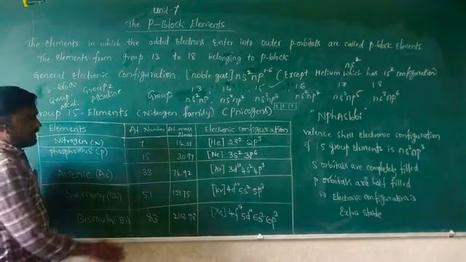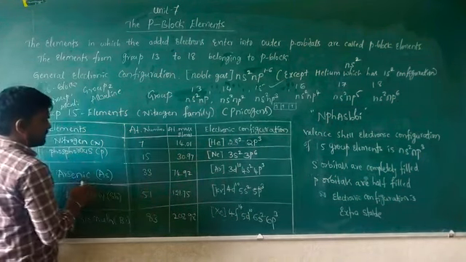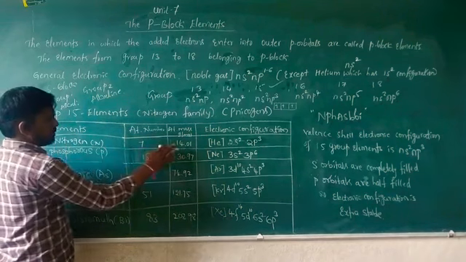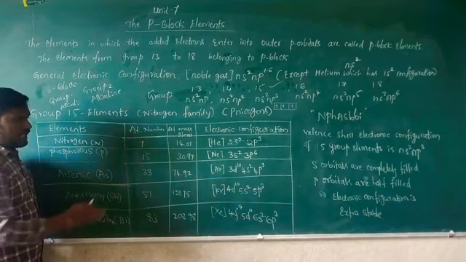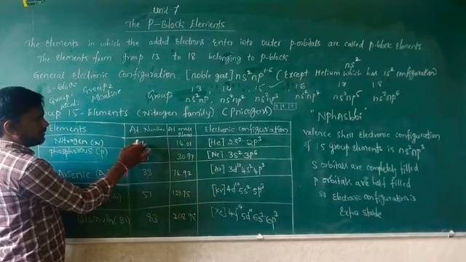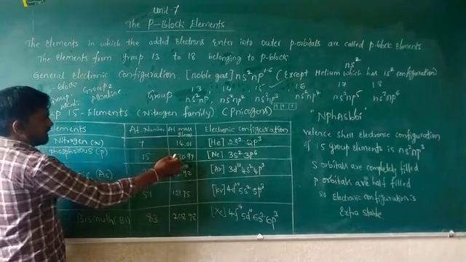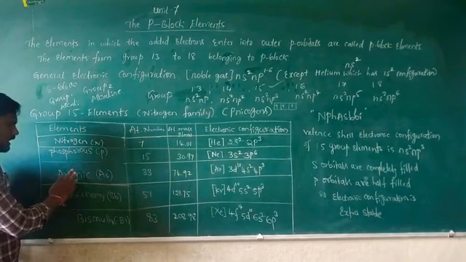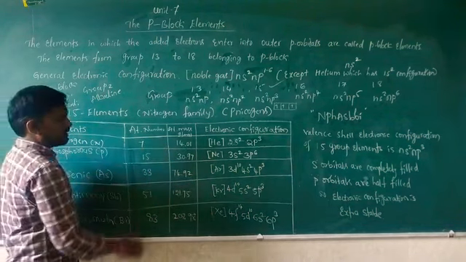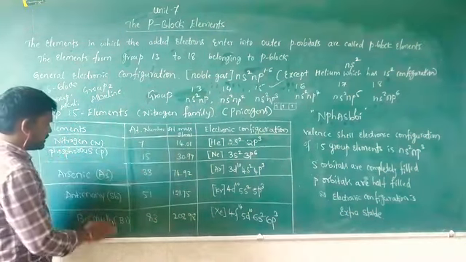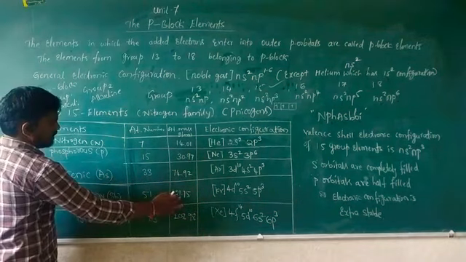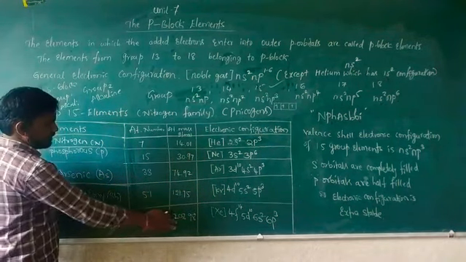And the atomic masses: nitrogen 14, nearly twice the atomic number, phosphorus 30.97, arsenic 74.92, antimony 121.75, bismuth 208.98.